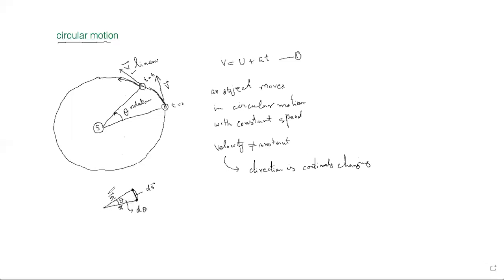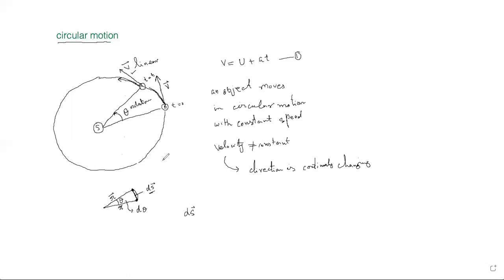According to this triangle, which is an isosceles triangle, ds is the linear part, the straight line.